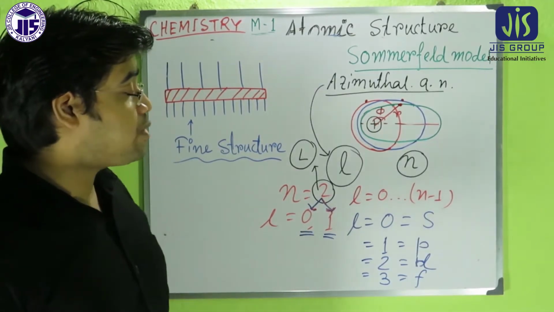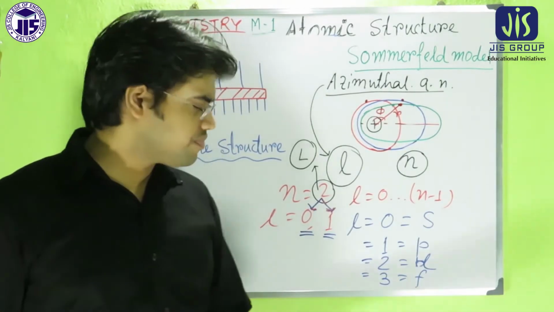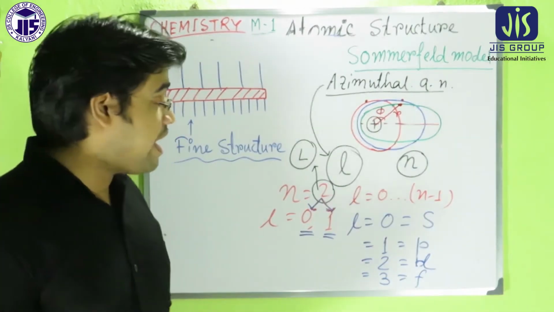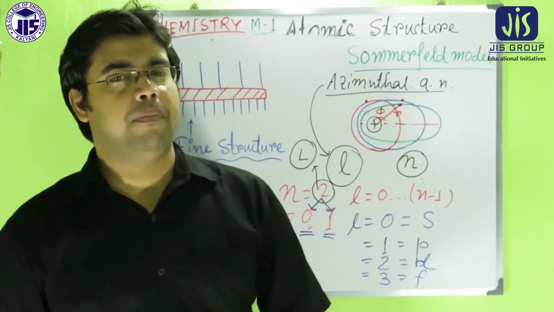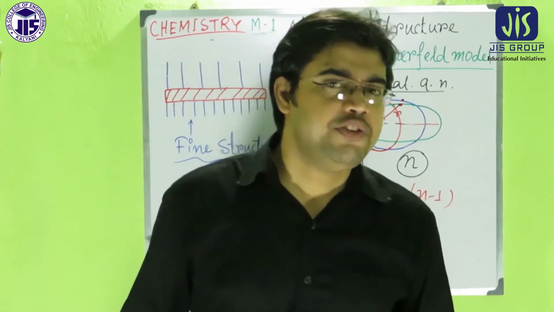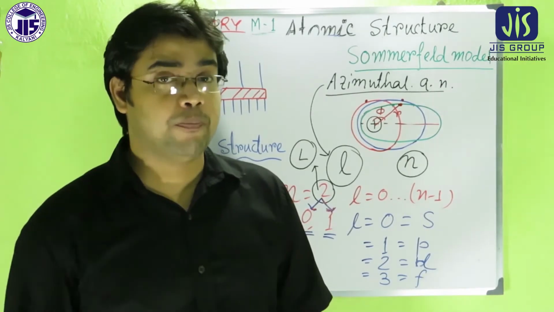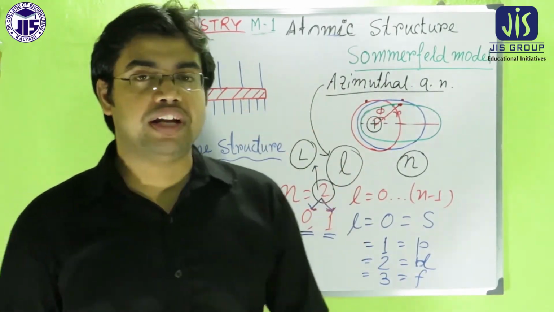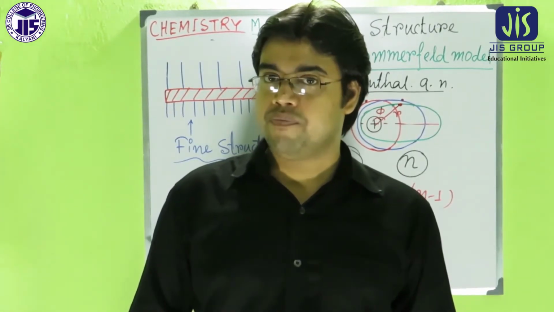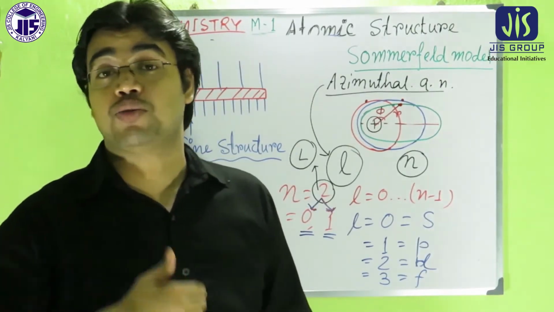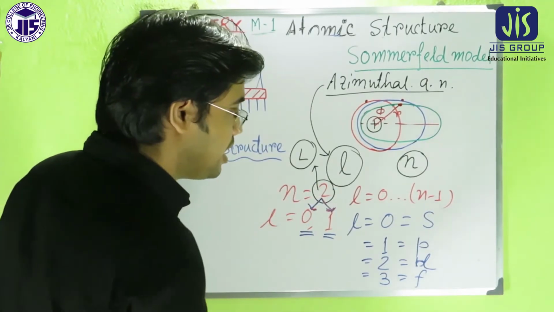So s, p, d, f correspond to particular values of the azimuthal quantum number, and this is its significance. The azimuthal quantum number signifies the existence of subshells in an atom, and this is the beauty of the Sommerfeld model. Sommerfeld first explained that there are sub energy levels or subshells in an atom, by introducing the azimuthal quantum number.